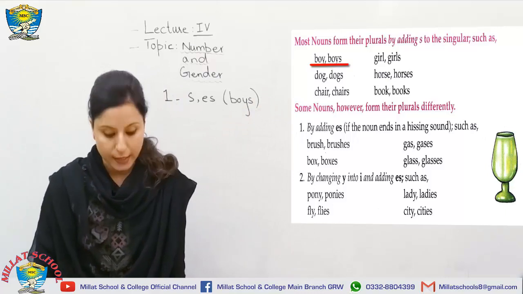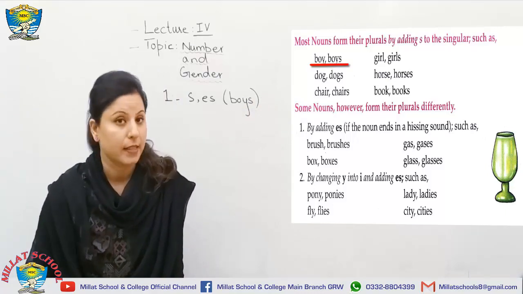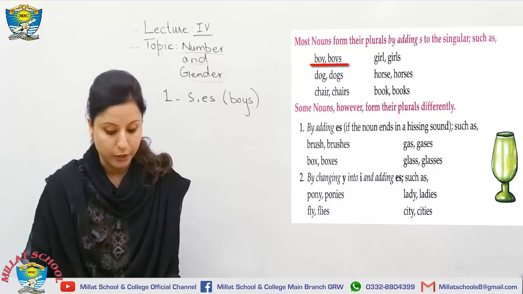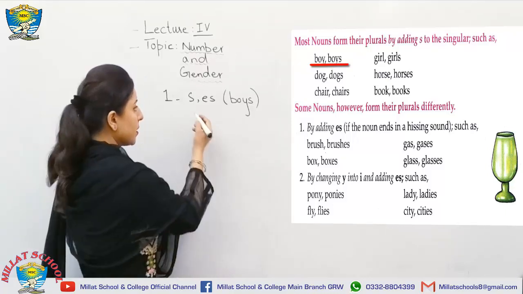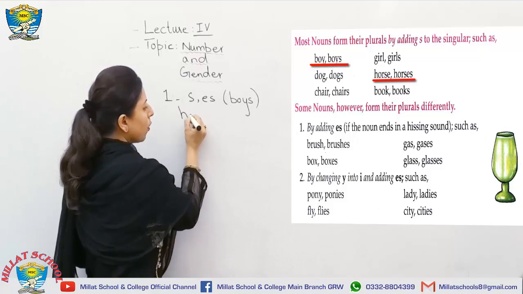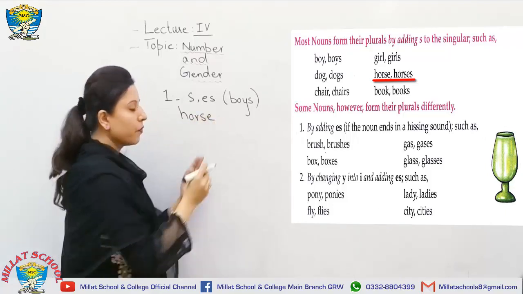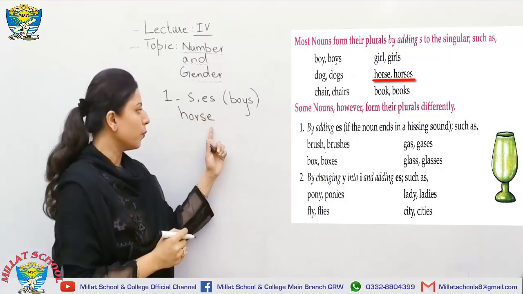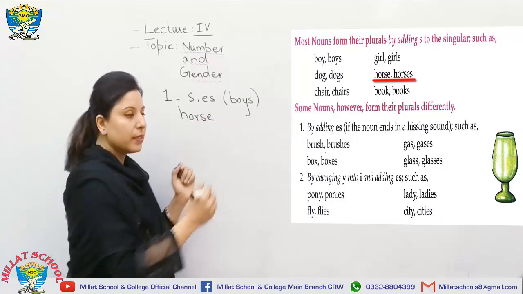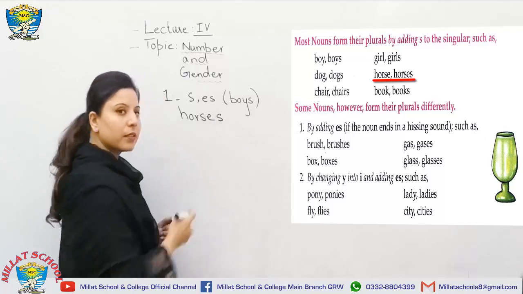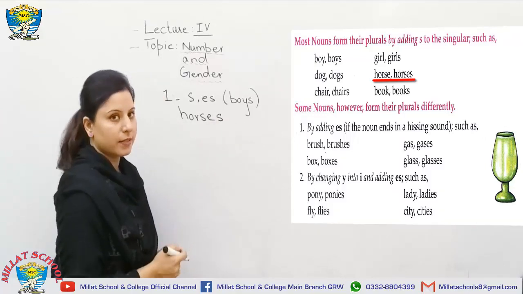This is going to be the example of adding S. And there are also some words that tell us how to add ES to it. Same is the case with the word horse. If the word ends with the alphabet E, then we will just add S to it and it will become horses.